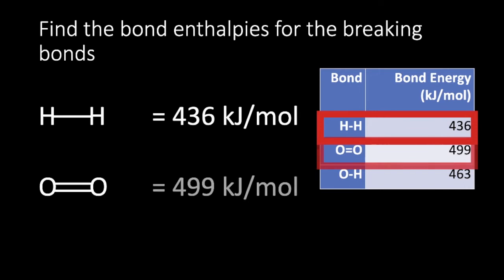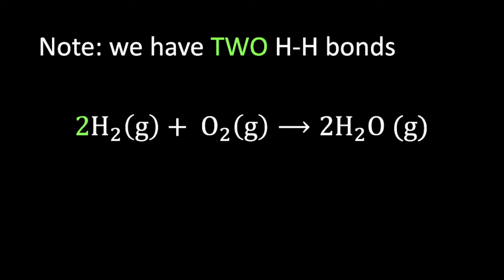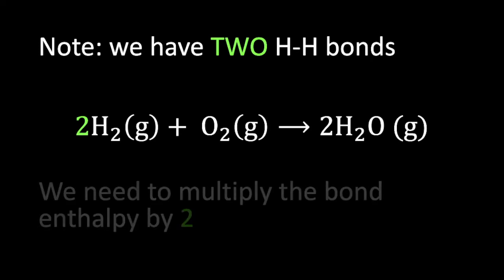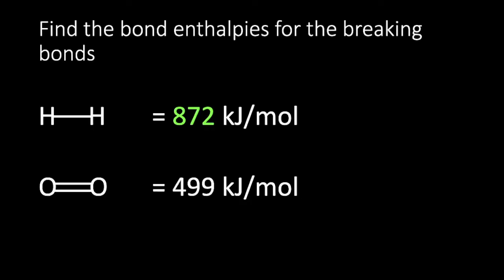We also see that the bond enthalpy for oxygen-oxygen double bonds is 499 kilojoules per mole. Now, when we go back to our equation, we notice that we have two hydrogen molecules in our reactant. So we are going to have to multiply the bond enthalpy by 2, and this will give us 872 kilojoules per mole.